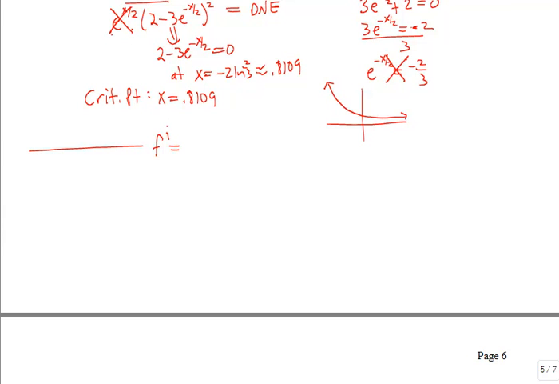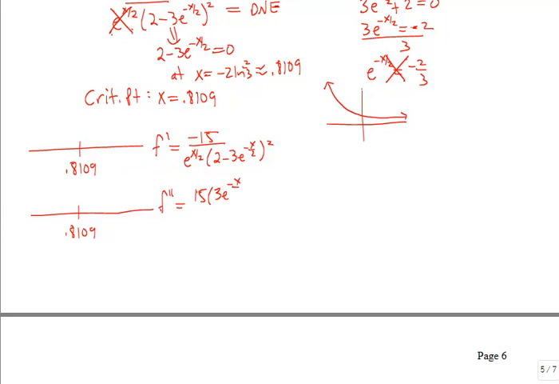So for our first derivative, the only critical point that we had was that 0.8109, and that was also the only critical point we had for our second derivative as well. So here I would recommend digging out a calculator to do your testing.